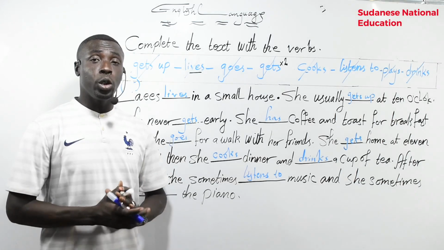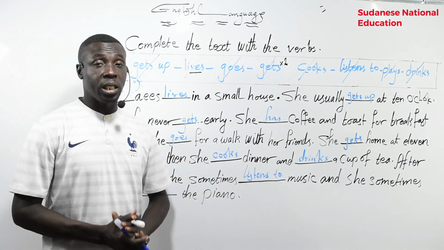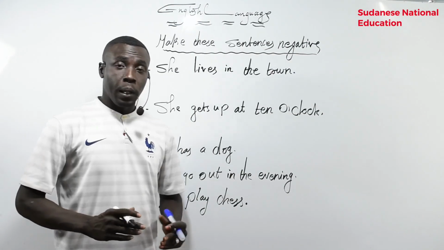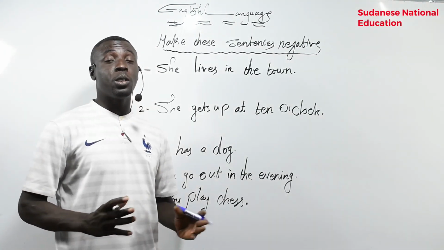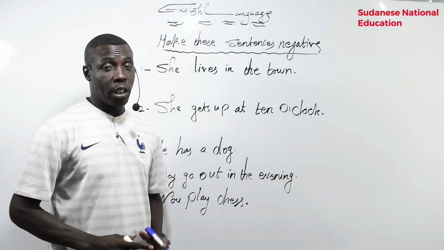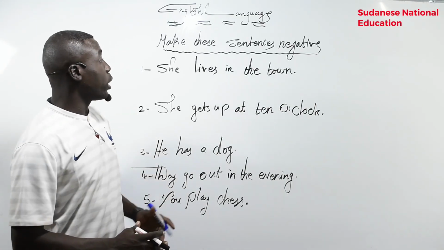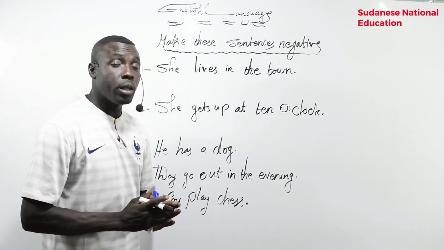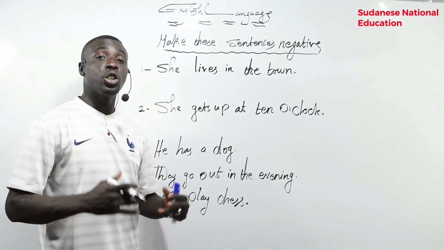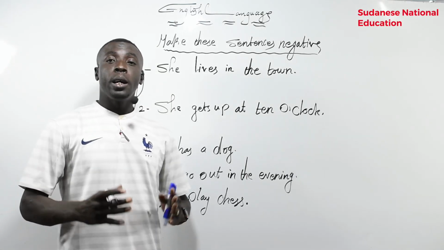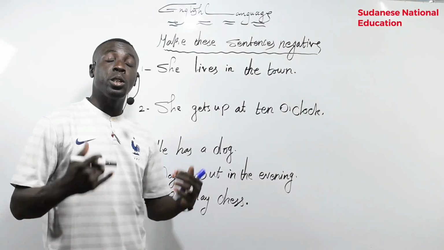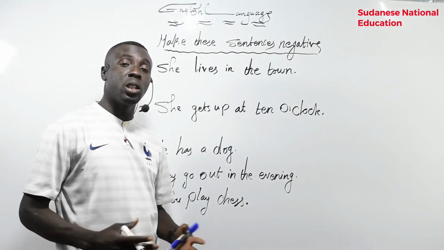Let us see how we make the negative and interrogative in a sentence. In the previous lesson, we talked about the negative and the interrogative sentences.